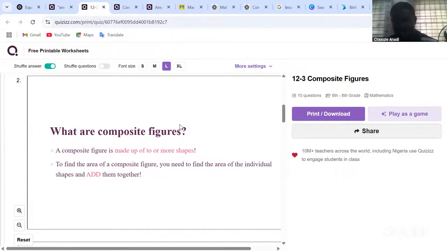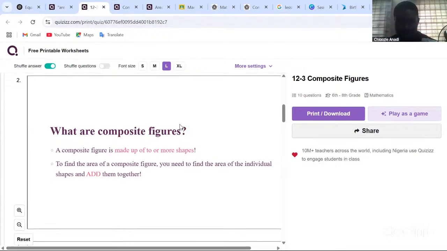As I said before, if you have a triangle, a circle, a parallelogram, all in one shape, you need to find the area of each of them first. Once you're able to find the area of each of them, you add them up together, and that will give you the area of that composite what? Shape. Okay? Very good.